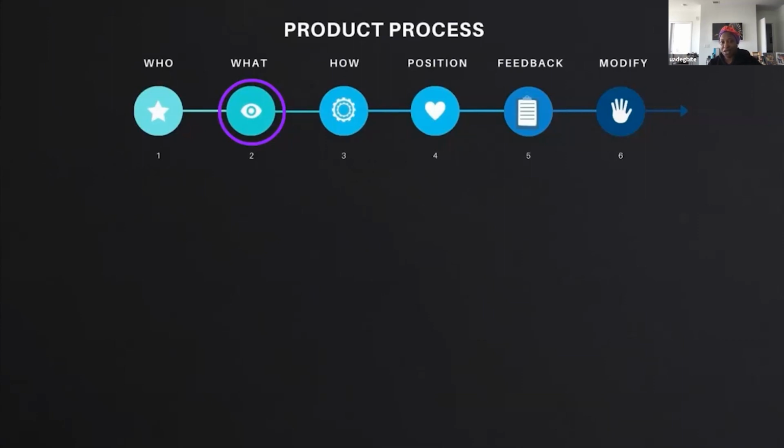This notion, I see this so many times that people come up with an idea in their backyard, and we get very attached to our ideas as product managers, and then we want to justify why the people across the world need this in their lives.